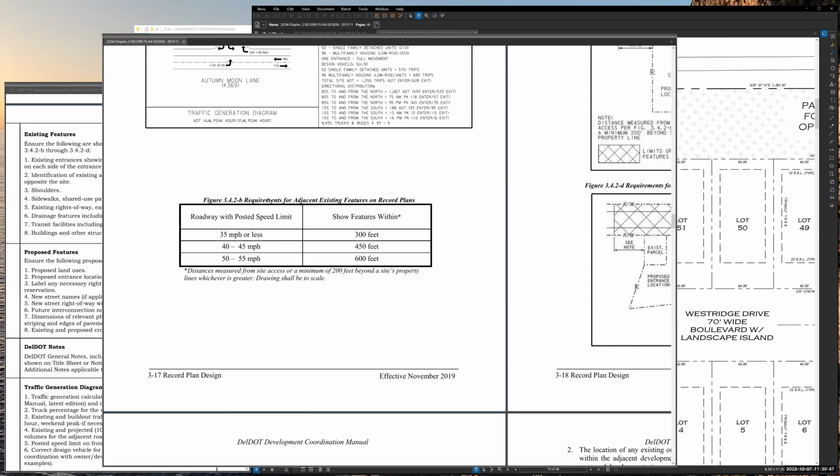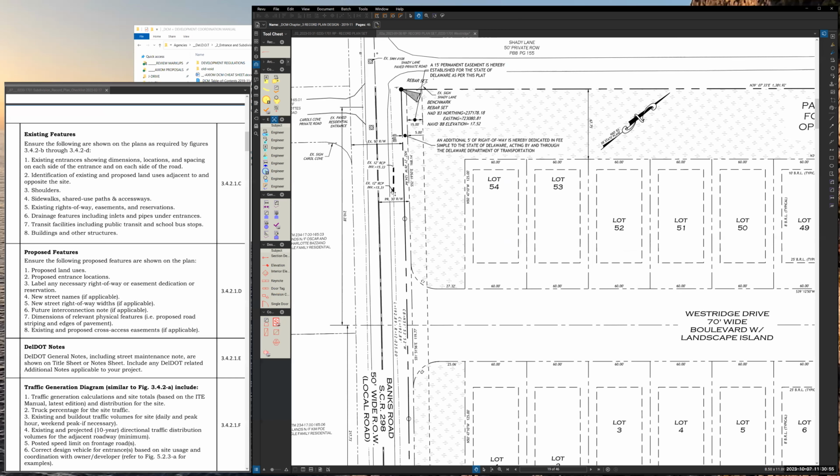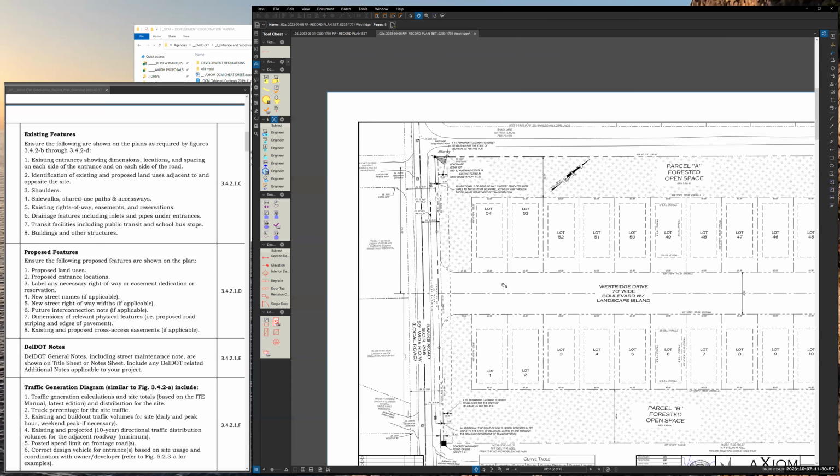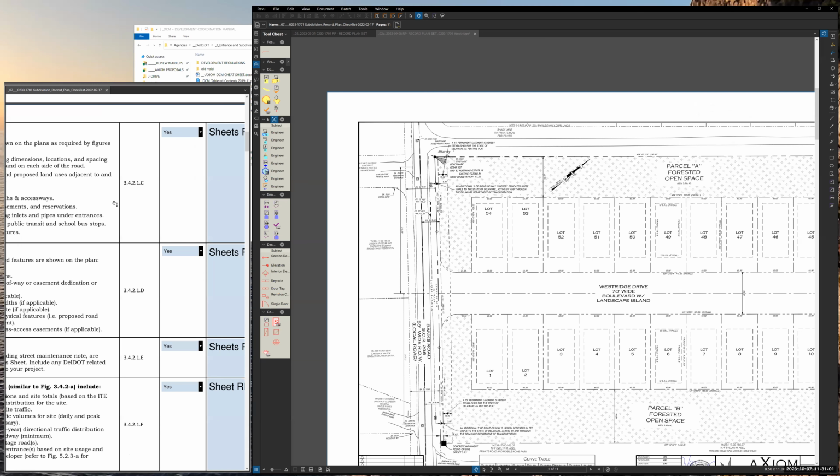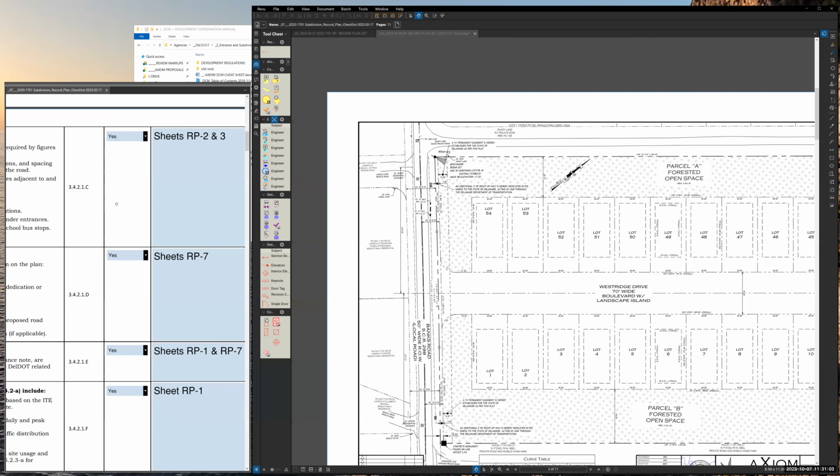So this is how far out those entrances are going to need to be shown. I'm going to pull the DCM out of our shared page. In this case, we mentioned that the things they're asking for are shown on sheets 2 and 3.